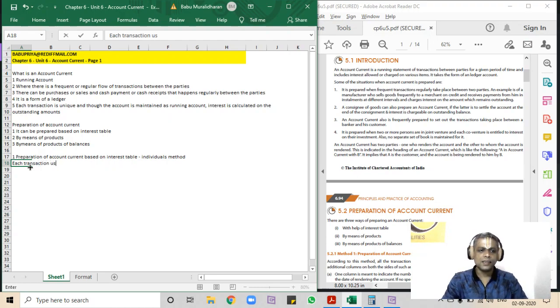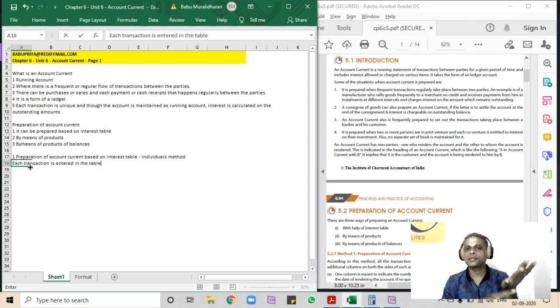is entered in the table. And there should be a standard normal table which contains the date of transaction, particulars of transactions, the due date, the amount, and the interest rate. So it is entered in the table.